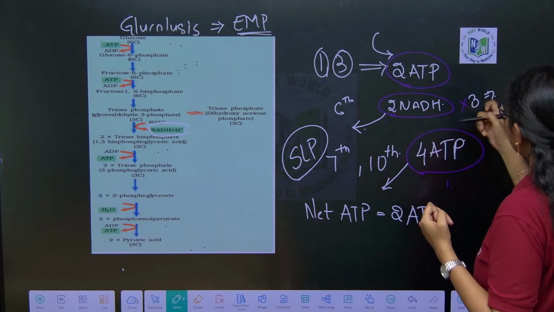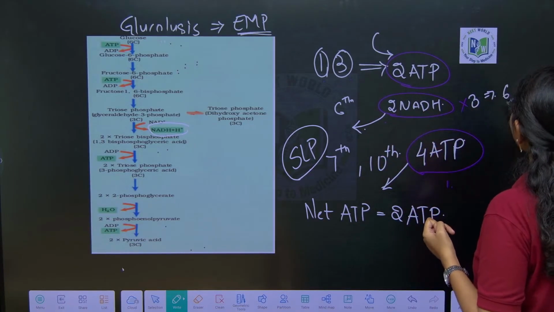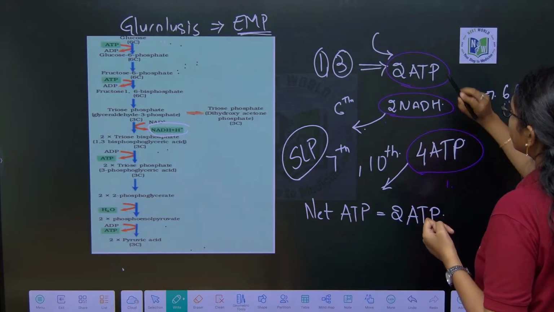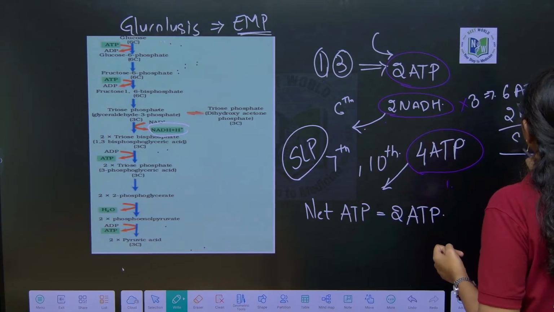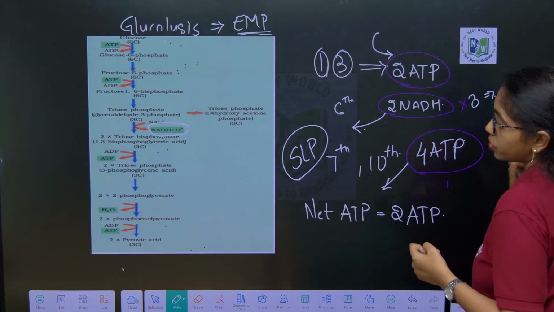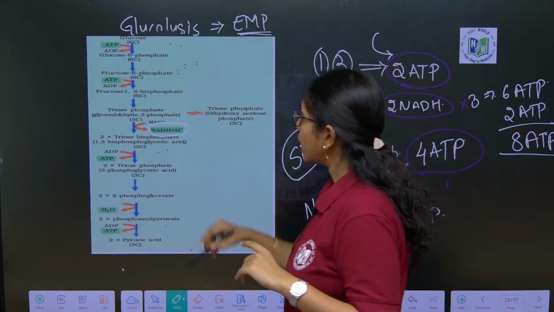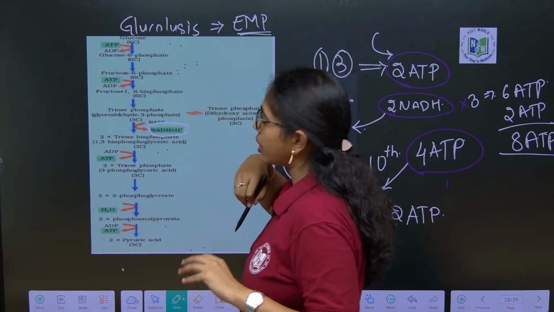So, 2 NADH is 6 ATP plus 2 net ATP. So, total ATP is 8 ATP that is released through glycolysis.